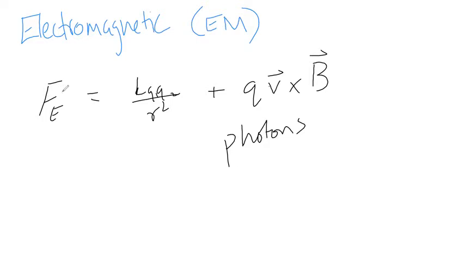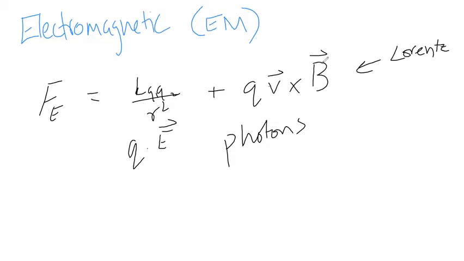The best equation to represent it would be the Lorentz force, which gives the idea that the electromagnetic force is given by both Coulomb's law, kq1q2 over r squared, or in other words, q times the electric field, plus q times the velocity of that charge crossed with the magnetic field it goes through.